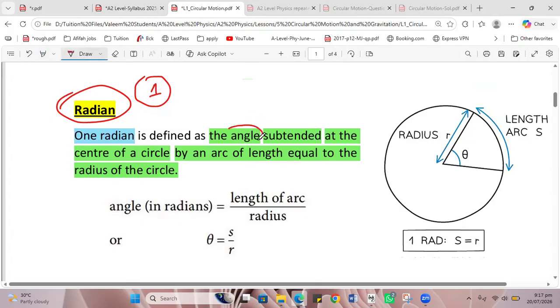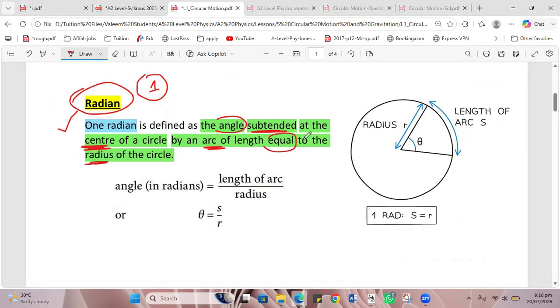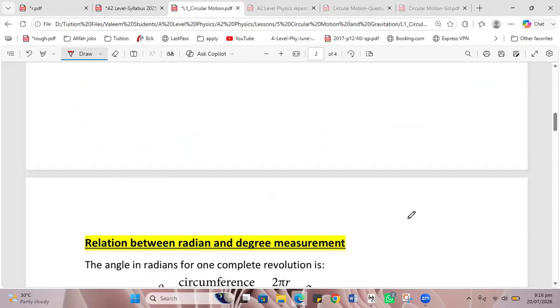It's an angle. Which angle? Angle subtended at the center of the circle when the arc length equals the radius of the circle. This is the definition for 1 radian, right? Please use this exact definition if it comes in an exam question.